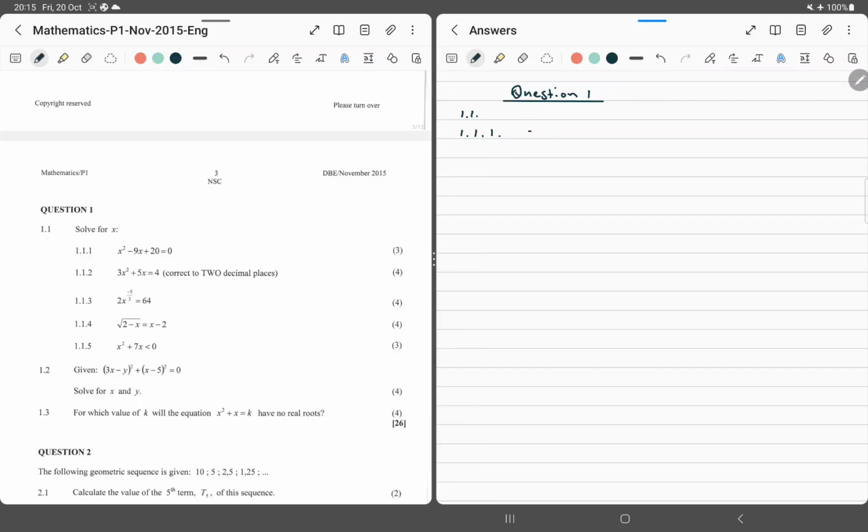So we've got 1.1.1: x squared minus 9x plus 20 is equal to 0. Always attempt to factorize if you can. The way to check if this is factorizable is to check the discriminant, b squared minus 4ac.